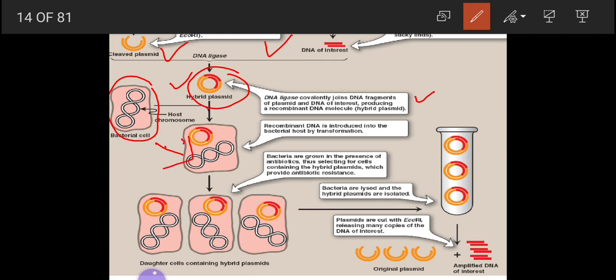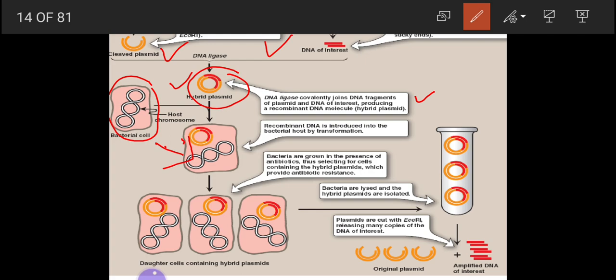The recombinant DNA is introduced into the bacteria by the technique which is called transformation. Transformation is a process of introducing foreign DNA into the cell, if we are using bacteria as a host, and if we are using yeast as a host, the technique is called transfection.